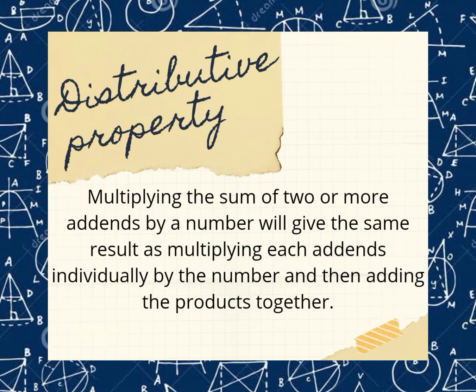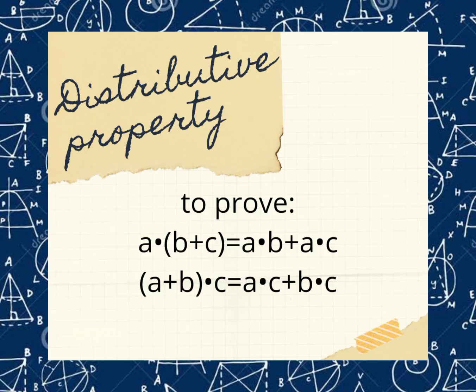Another property is distributive. Multiplying the sum of two or more addends by a number will give the same result as multiplying each addend individually by the number and then adding the products together. For instance, here is how to prove.